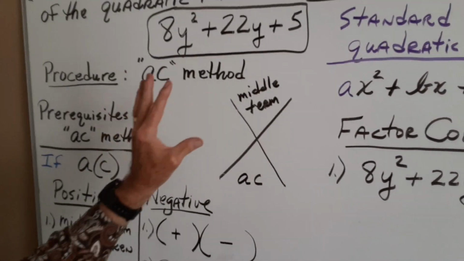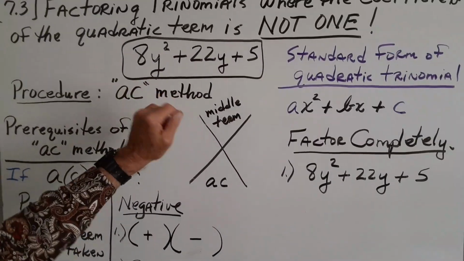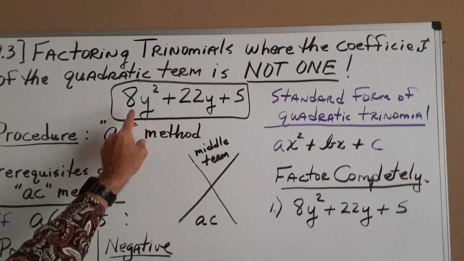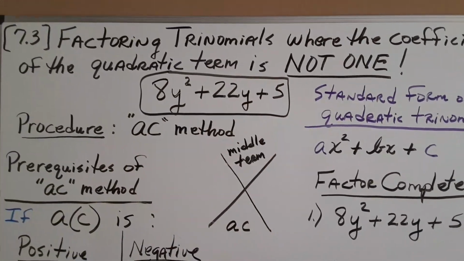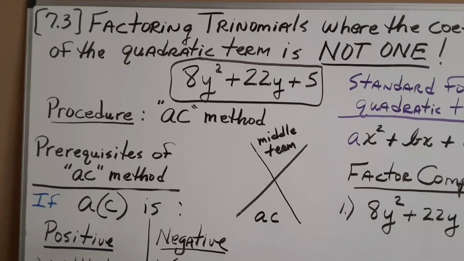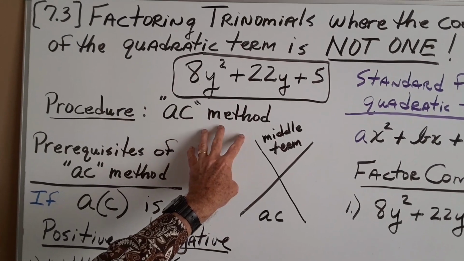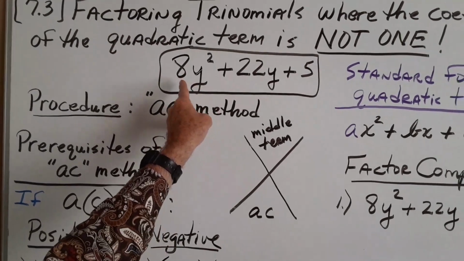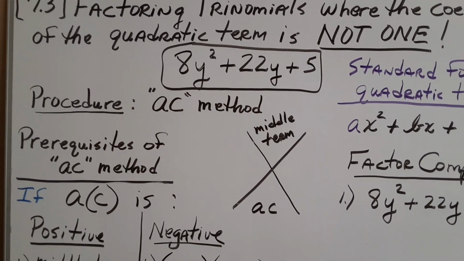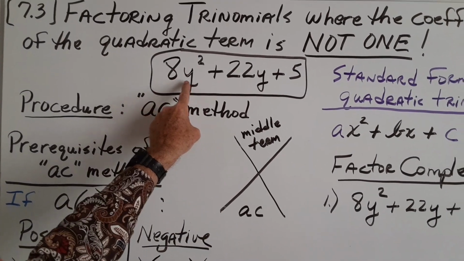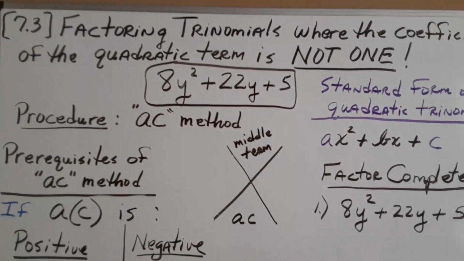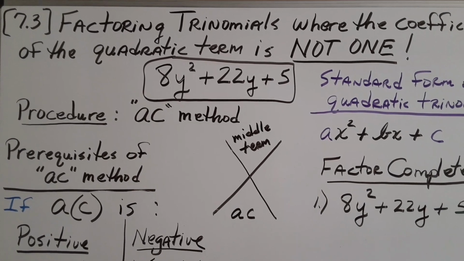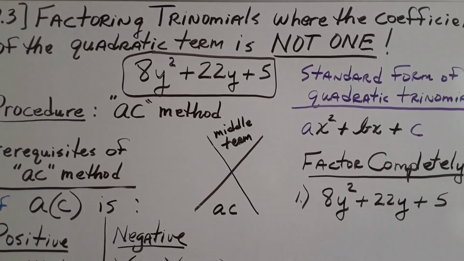Now, here is the principle behind the AC method. And I'll make use of this trinomial right here to make the point. You kind of want to stay close to these next few words that are going to come out of my mouth. When we use the AC method, we're going to turn the trinomial into a polynomial that has 4 terms.